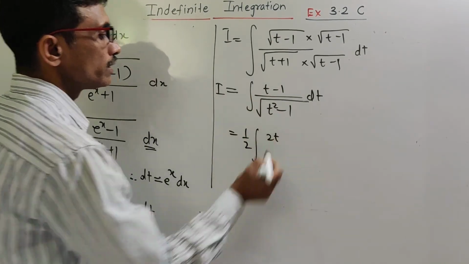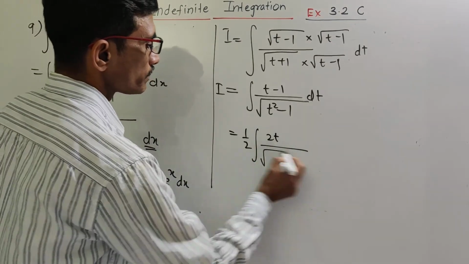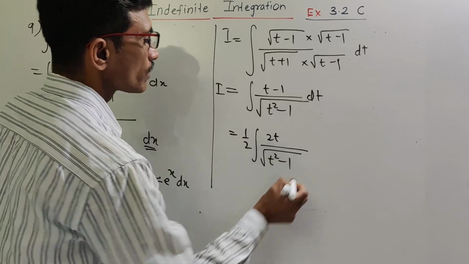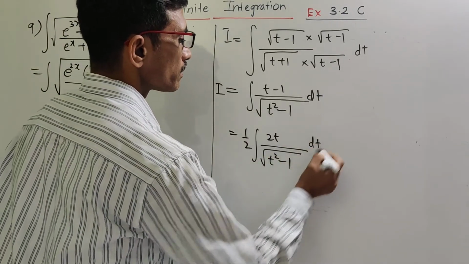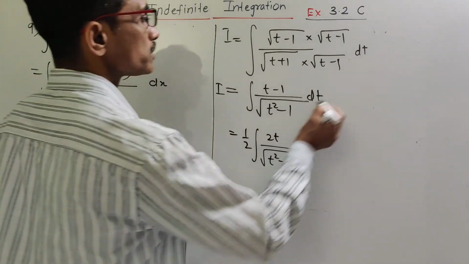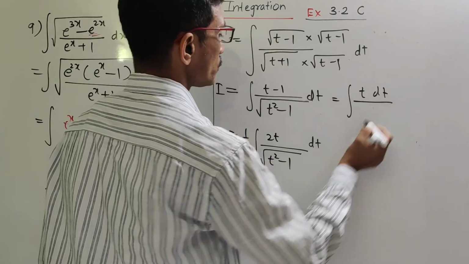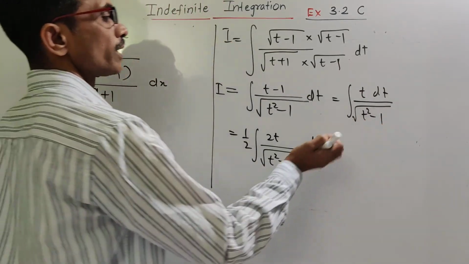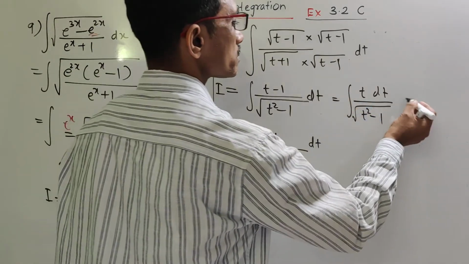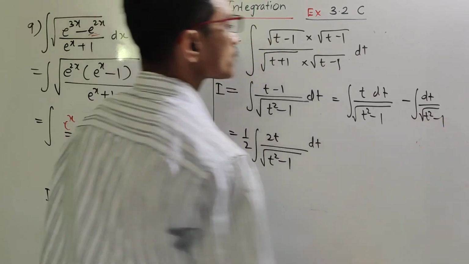It is 2t upon root of t square minus 1, and minus dt, we will separate it: t dt upon root of t square minus 1, minus integral dt upon root of t square minus 1.